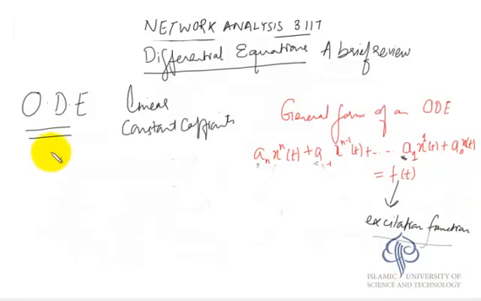If f(t) is identically 0, that means it is 0 for all times t, right? Then the right hand side of this equation becomes 0 and the differential equation is also homogeneous. So it's a homogeneous differential equation, homogeneous ordinary differential equation, which is linear and which has constant coefficients.